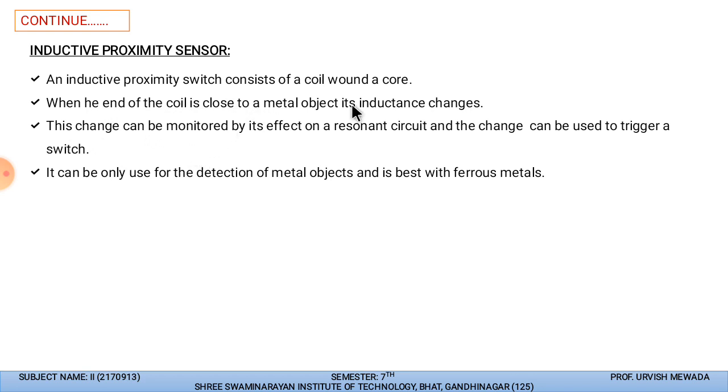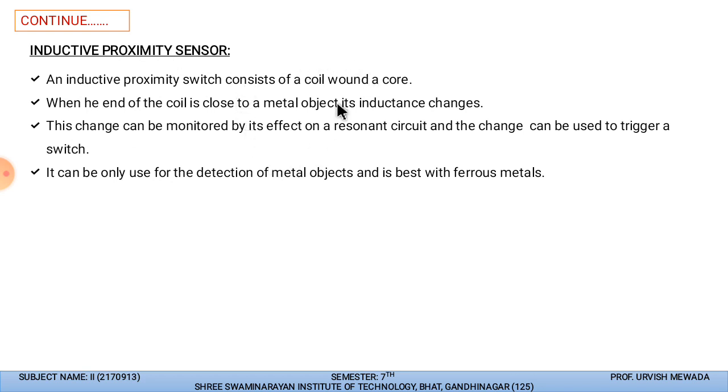This change can be monitored by its effect on a resonance circuit, and the change can be used to trigger a switch. So it can only be used for the detection of metal objects, and is based on ferrous metal. So this is the principle of change in the impedance.